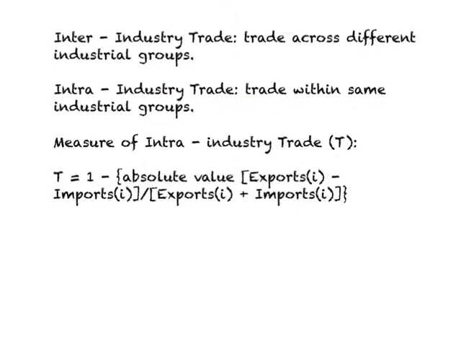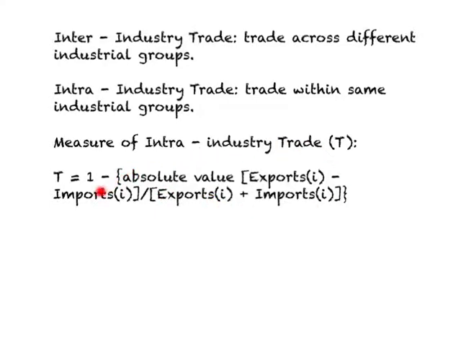What about inter-industry trade? In that case, the country will export, say, some product, but will not import the same product. So exports have some value, just as an example, and imports equal 0. So here you'll be dividing exports by exports, so you'll be left with 1.